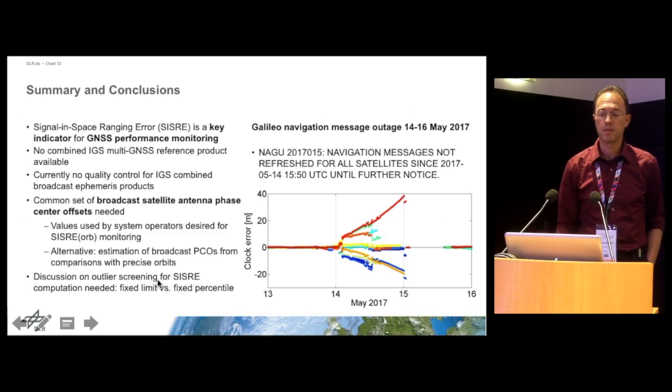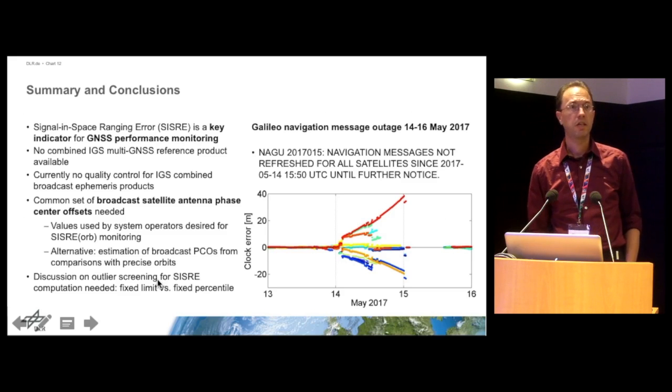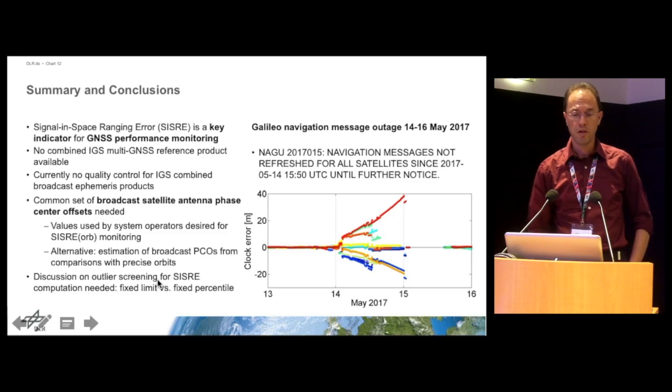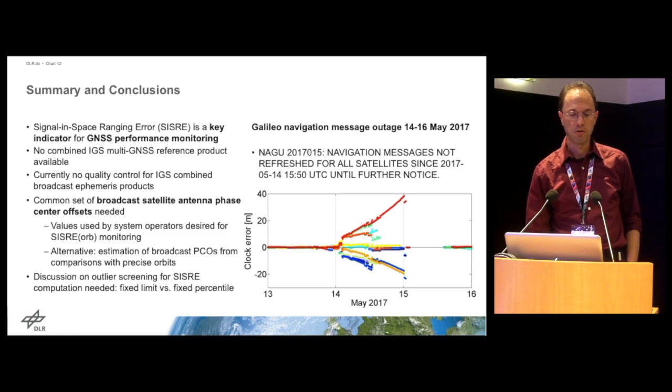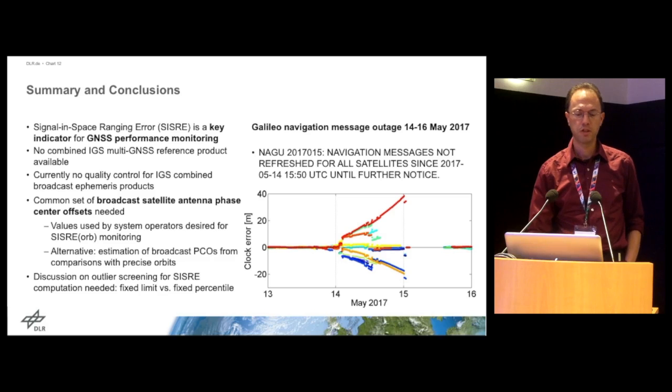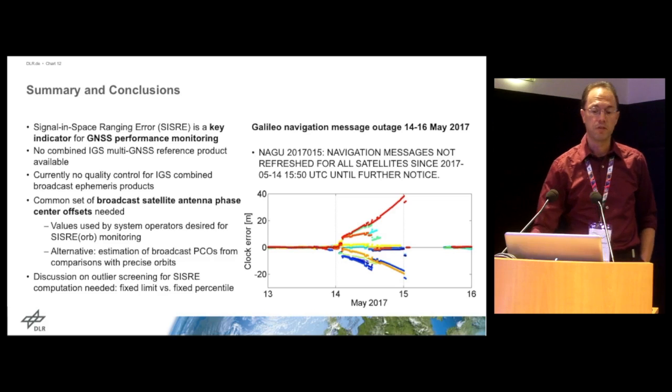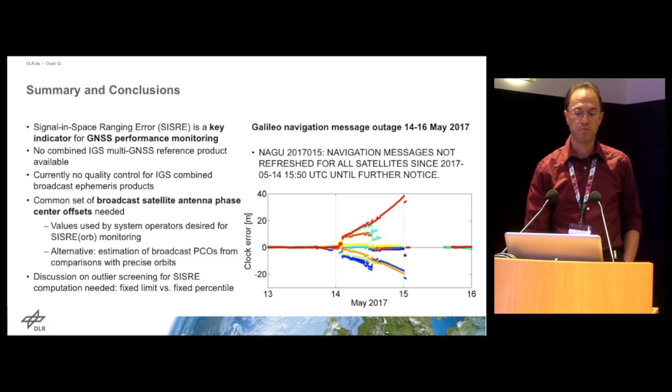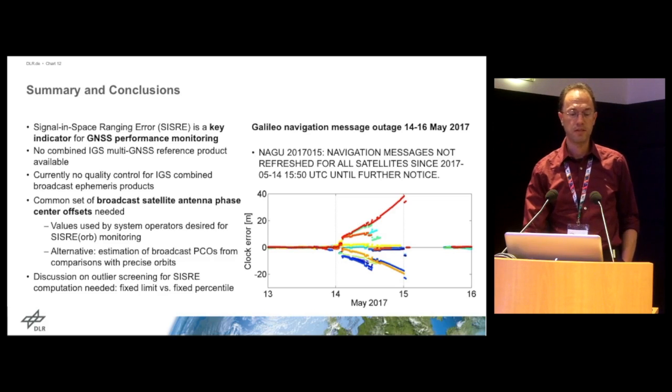So in summary, the signal in space ranging error is a key indicator for performance monitoring. Currently, there's no combined IGS multi-GNSS reference product yet. There's also currently no quality control for the combined broadcast ephemeris. I've shown you that we need a common set of broadcast satellite antenna phase center offsets.